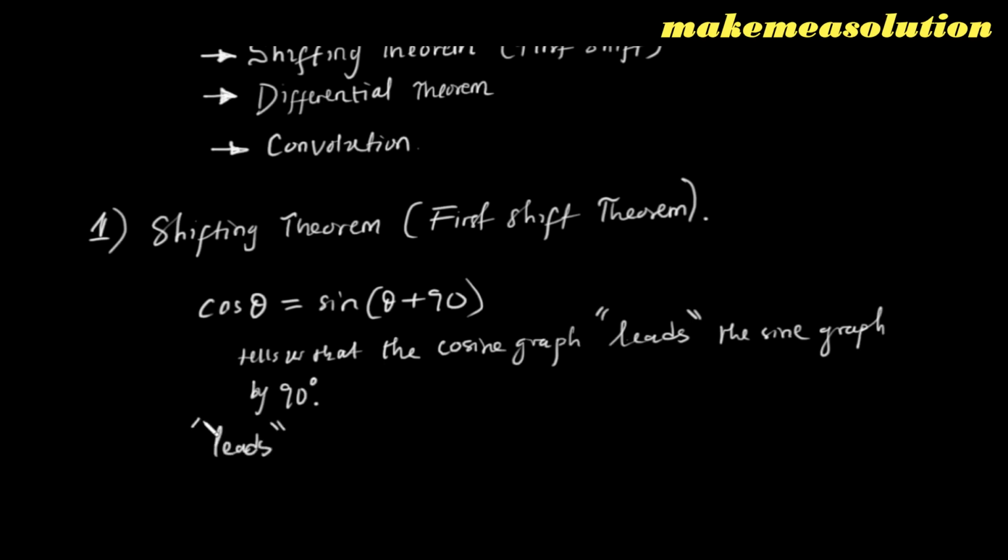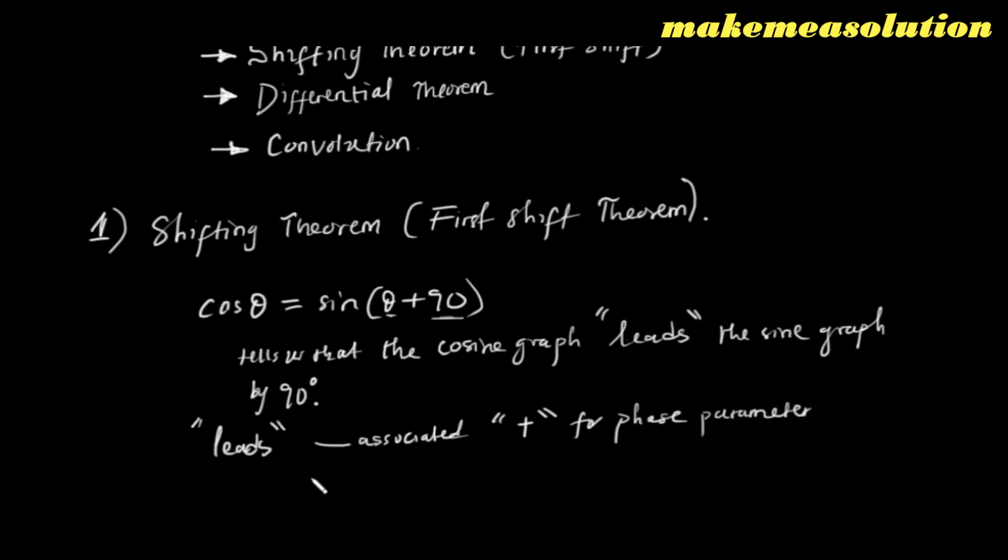In mathematics, leads is always associated with a plus sign. This is the normal angle, then 90 degrees is your phase angle. The phase angle will always have a plus sign.